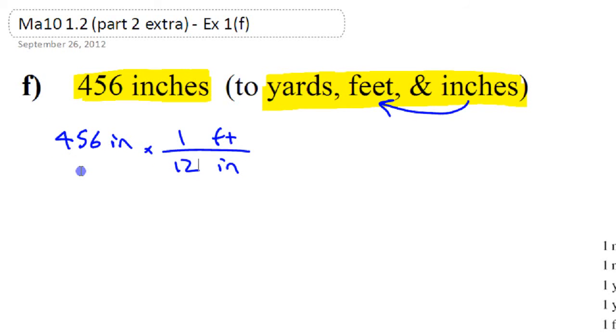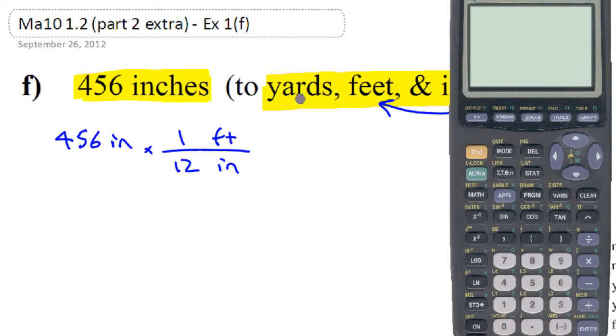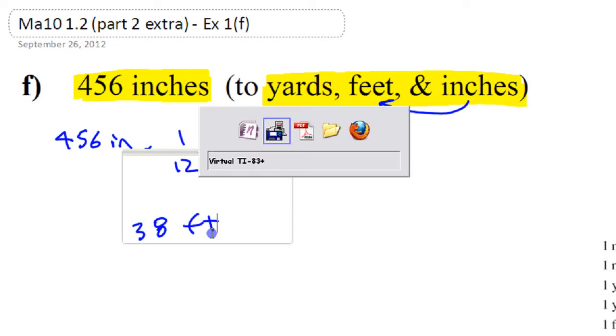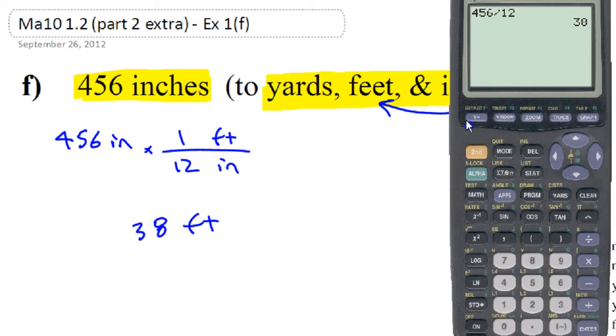If you get your calculator, you'll notice that 456 divided by 12, you get 38, right? So we have that this is 38. I'm going to write just 38 feet here, right? And there's no inches left over, right? 456 divided by 12, okay? No inches left over there.